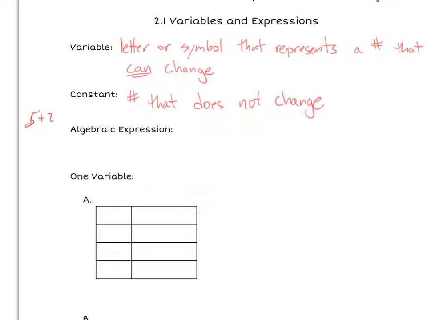That's a mathematical expression. You remember those? It's got numbers and then an operation symbol. So the plus in there, or 5 divided by 2, or 5 minus 2, or 5 times 2. That's an expression. Now we're going to talk about an algebraic expression.